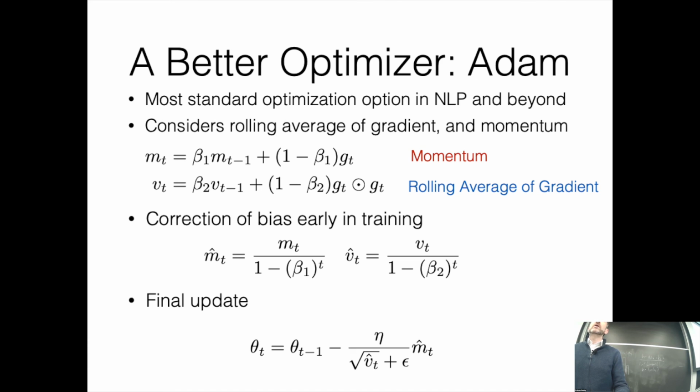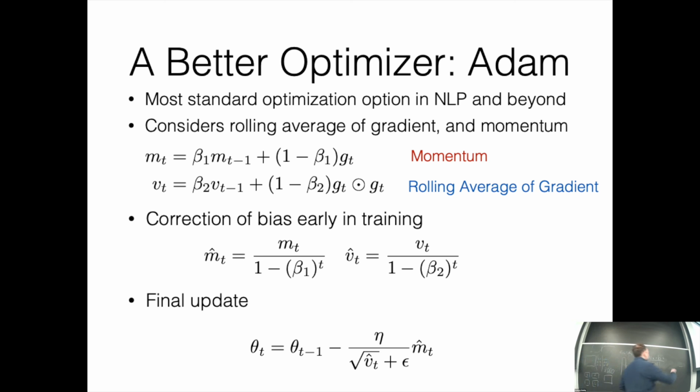Here we have a gradient, here we have momentum, and what you can see is happening here is we add a little bit of the gradient in. How much you add in is with respect to the size of this beta 1 parameter, and you add it into the momentum term.